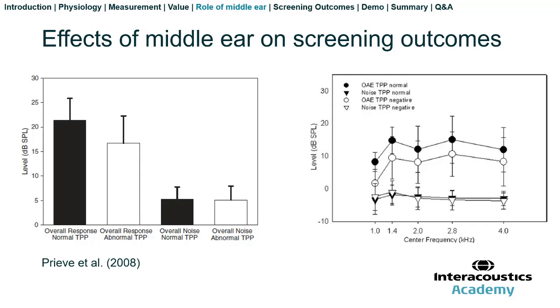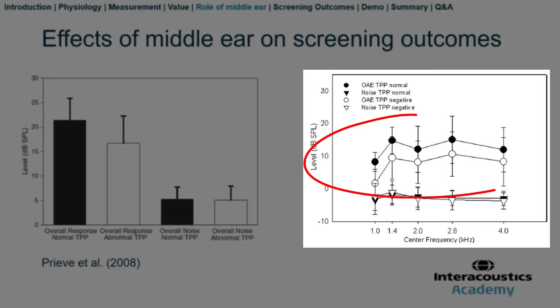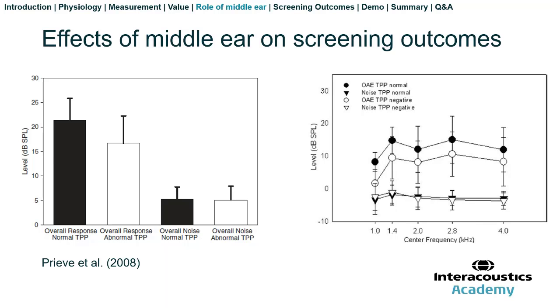Then they found that the transient emission levels were actually affected. This result is the level in dB SPL for the abnormal peak tympanic pressure, and this is showing the level for normal peak tympanic pressures. They found a pretty consistent decrease across the frequencies from 1 kilohertz to 4 kilohertz.